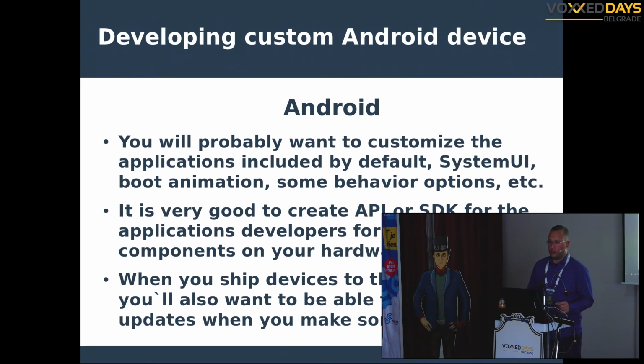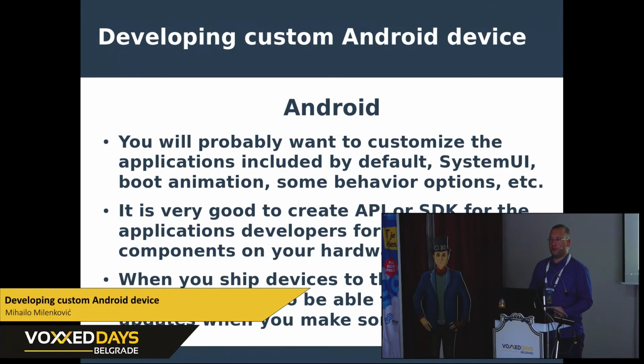So you will not want your developers to access the hardware directly, because that can lead to some really bad situations, some race conditions, where both applications want to use the hardware, and you do not want to let them do it. So another thing that you should think about, and plan in the development, would be to create the API or the SDK.